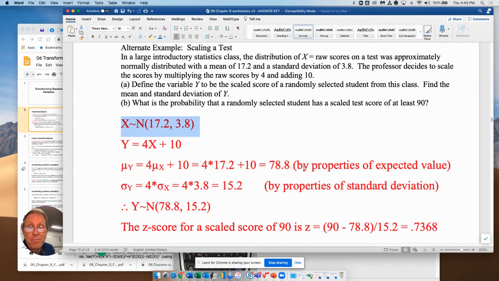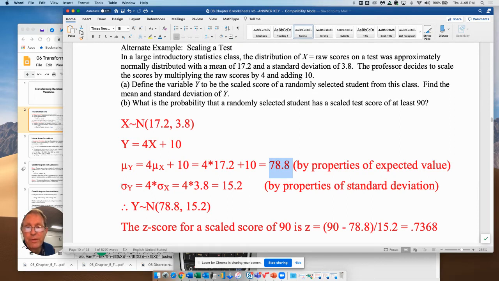How do I find the mean of y? All I'm going to do is take the mean of x and put it into my transformation equation. So 4 times 17.2 plus 10 gives me 78.8. And all you have to do here is cite that this is true by properties of expected value. How about standard deviation?